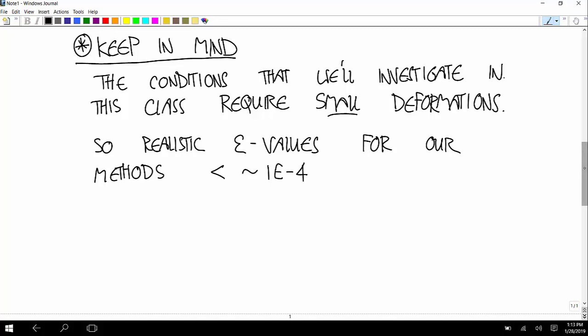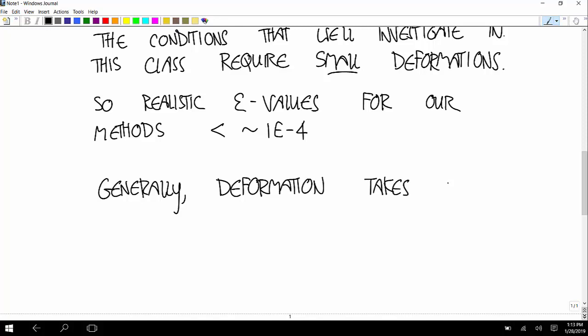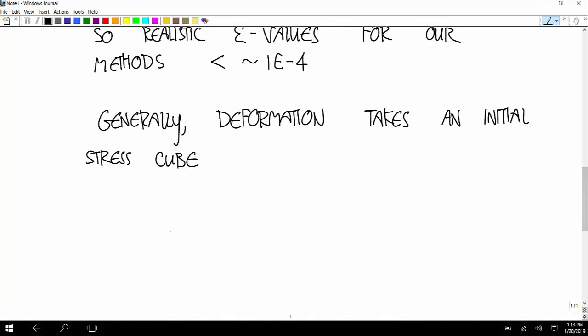Okay, so generally, a deformation takes an initial stress cube. Think of this thing as being like an infinitesimal cube.